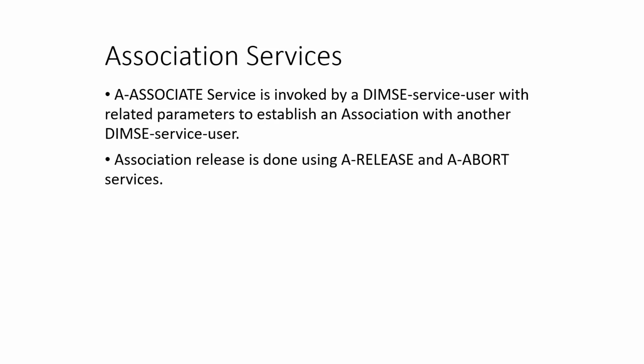A-ASSOCIATE service is invoked by a DIMSE service user with the related parameters to establish an association with another DIMSE service user. Association release is done using a release and an abort. In other words, when we want to end the handshake, we have to tell them, hey, let go or stop it.